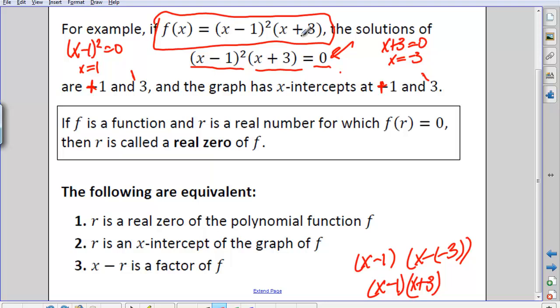So we can easily go back and forth between the zeros of a polynomial and the factors of the polynomial. If we know that 1 is a 0, then x minus 1 is a factor, and if we know that x plus 3 is a factor, then we know negative 3 is a 0. You can just go back and forth real easily.